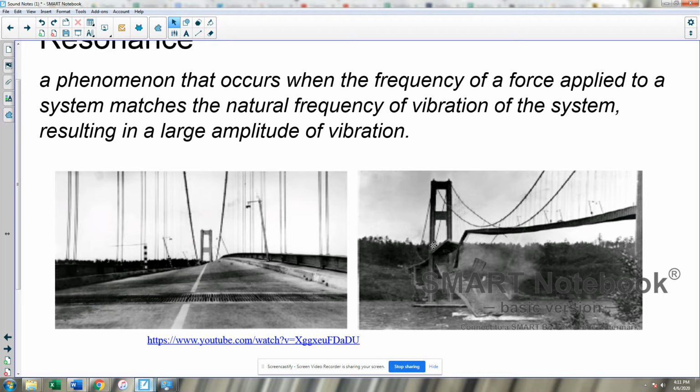Nowadays, they design bridges such that the wind doesn't have such a big impact, and they put things in the cables that absorb some of that energy of the wind so that it's not transferred directly to the swaying motion. There's a link I'll put in the description of the assignment too.